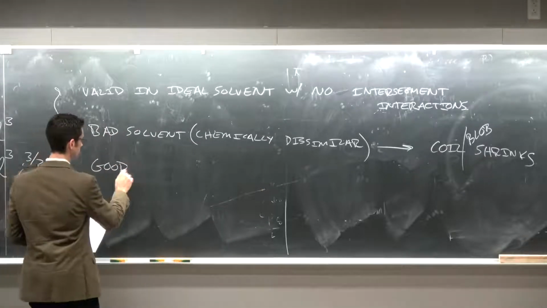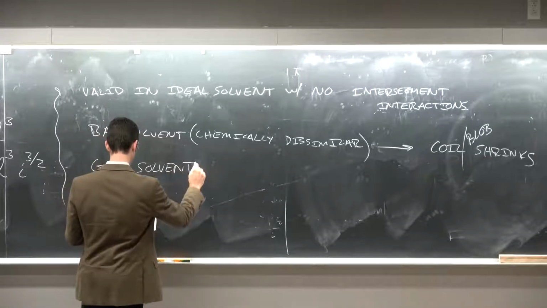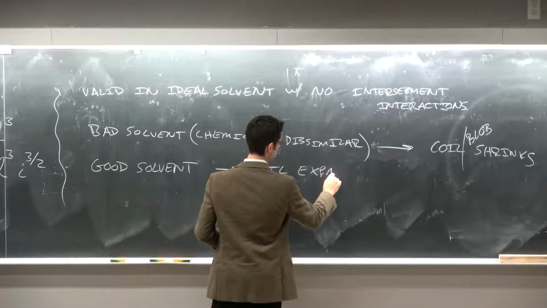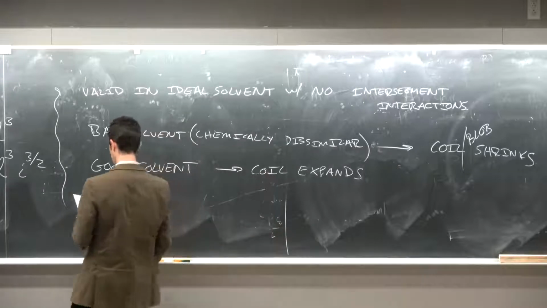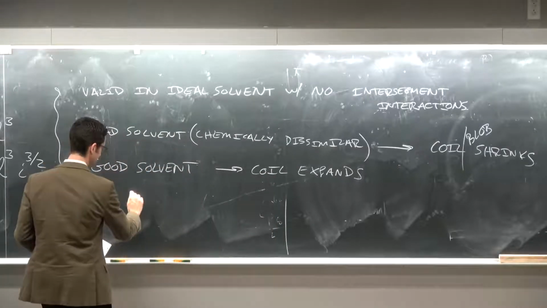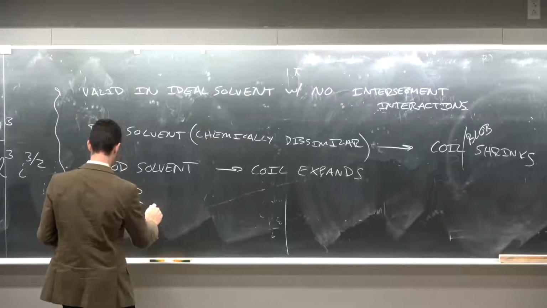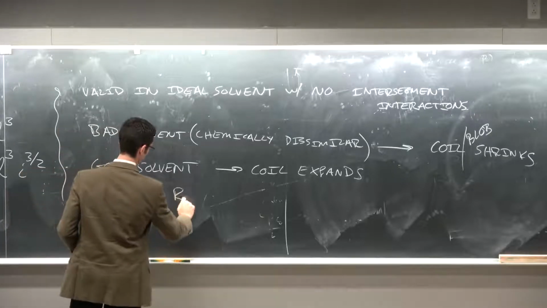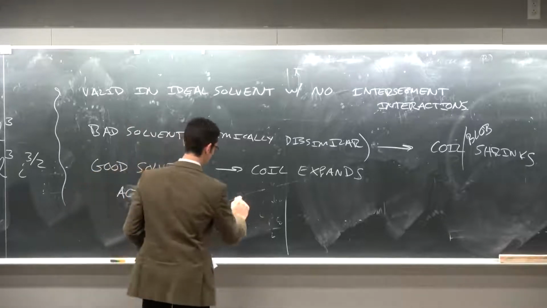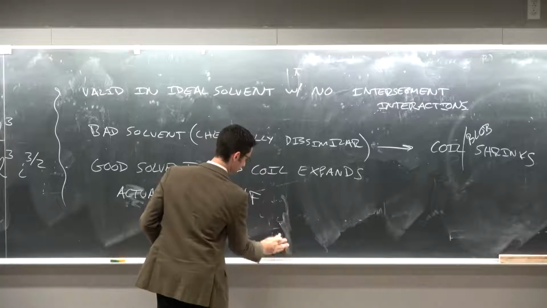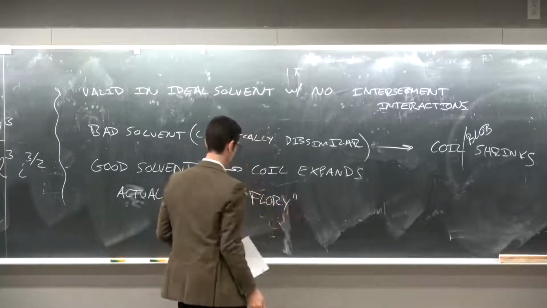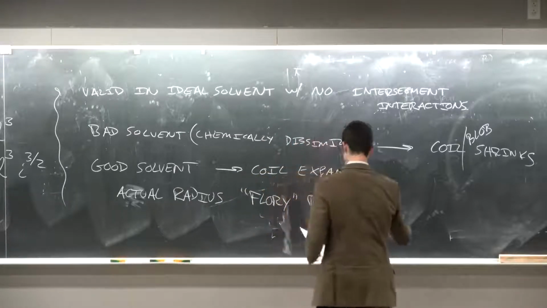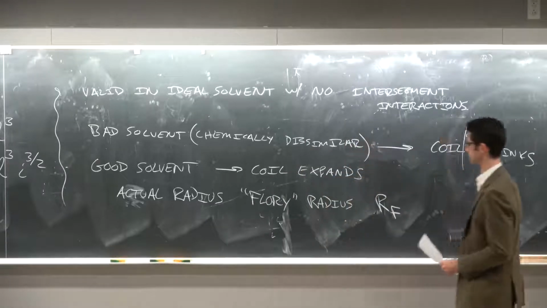So a good solvent, the coil expands, and in both of these cases, the actual radius is called the Flory radius, after famous polymer scientist Paul Flory. It is RF.